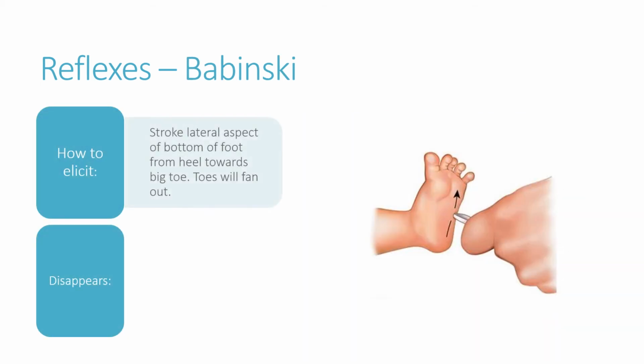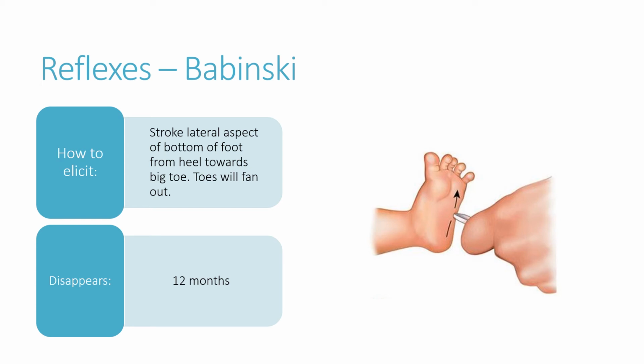The Babinski reflex is when you stroke the infant's foot on the lateral side, starting from the heel, and go upwards in a medial motion towards the big toe, and the toes will fan out. So you may remember from the med-surg classes that in an adult, a Babinski reflex is a bad sign, but in a child, this is a perfectly normal finding.